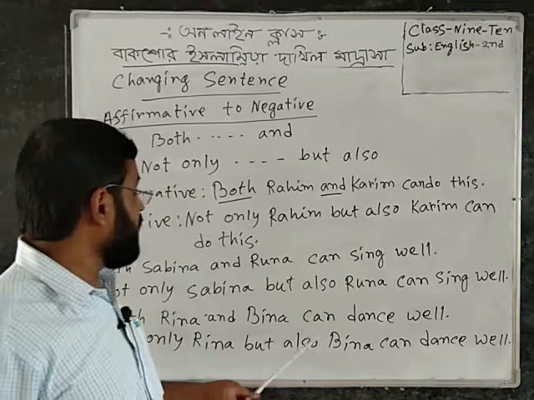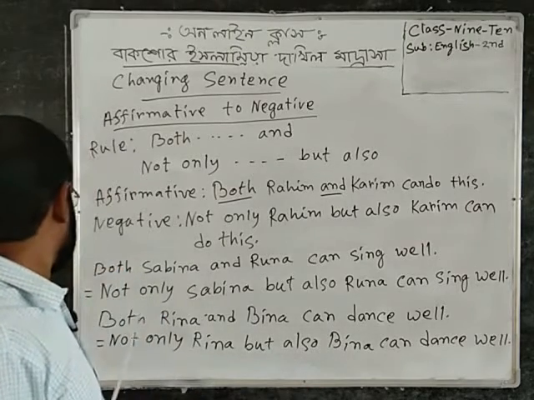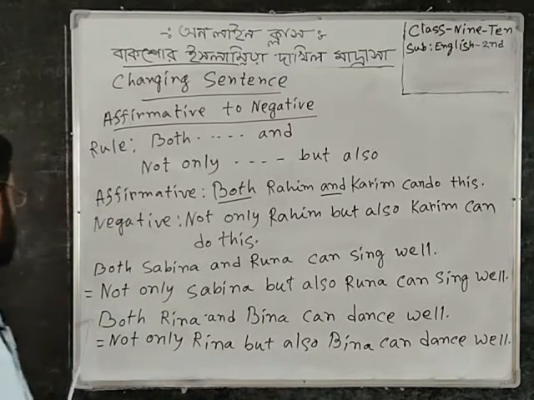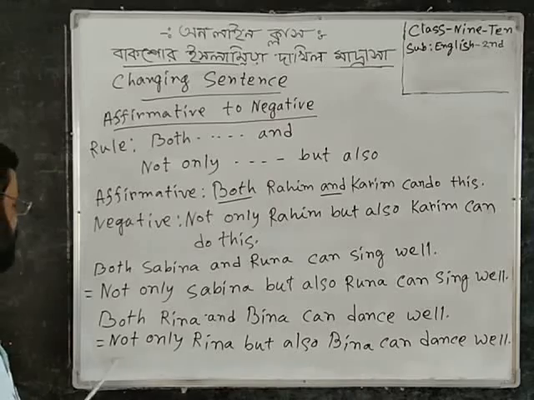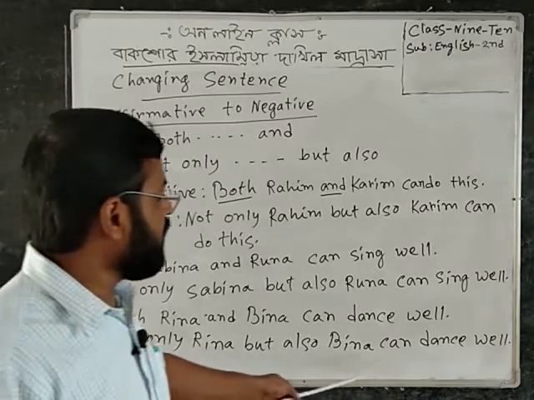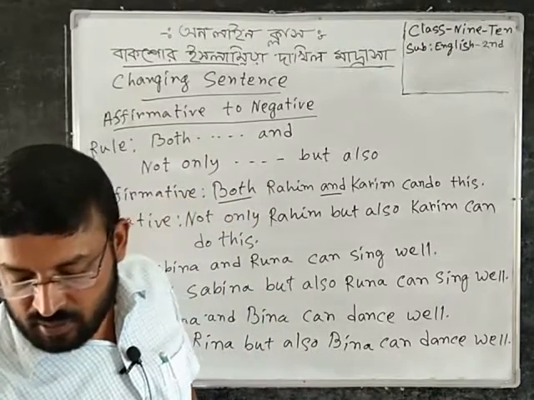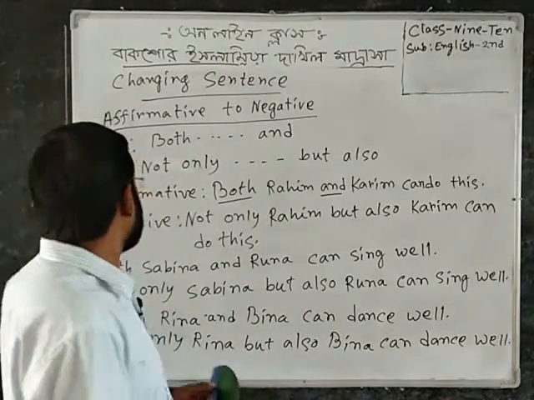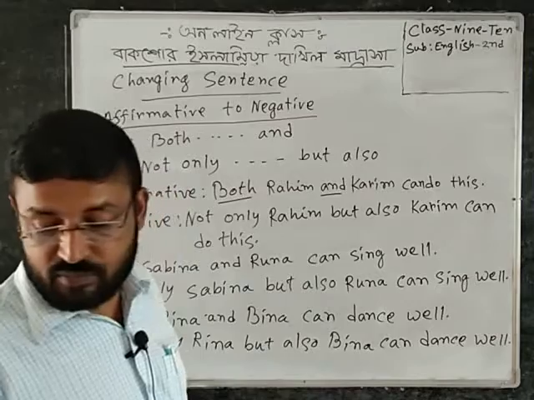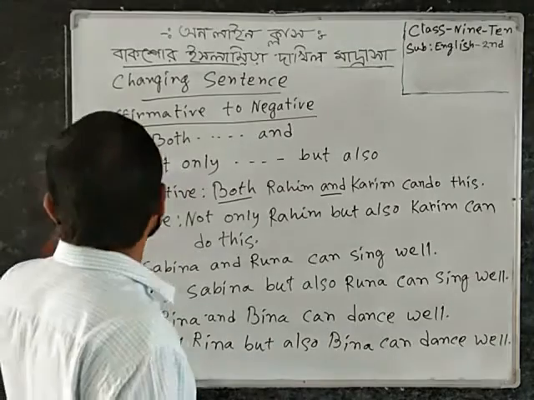Both Rina and Bina can dance well is an affirmative sentence, and in negative we can write not only Rina but also Bina can dance well. Understand, dear students? Now we can use another rule.